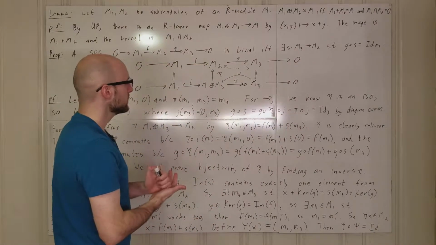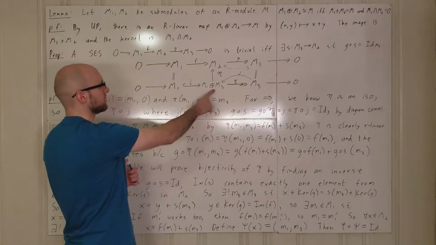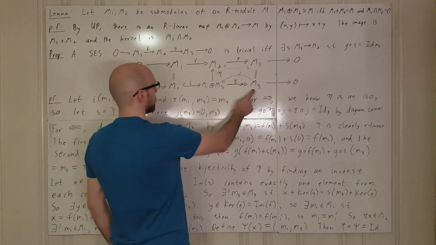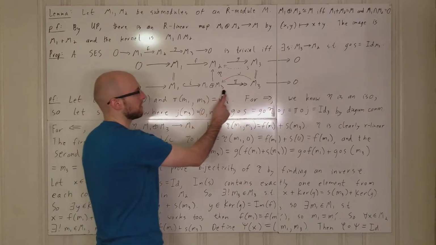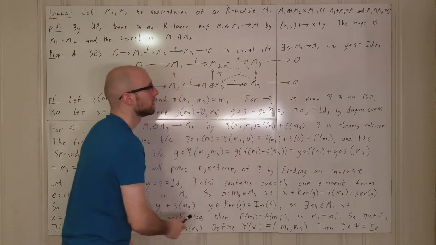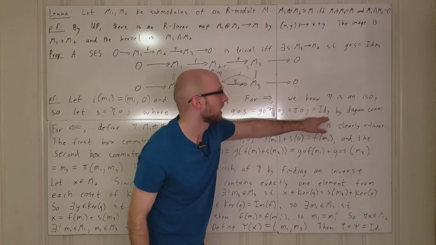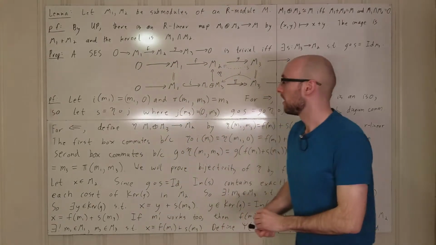So, this map is pi composed with J. So what happens here? We start at M3, and J will map us to 0, M3, and then pi will map us back to M3. And so therefore this composition here is the identity. And of course that's because of the commutativity of the diagram. All right?